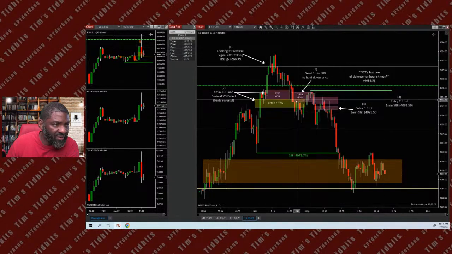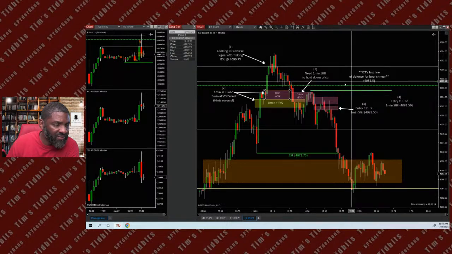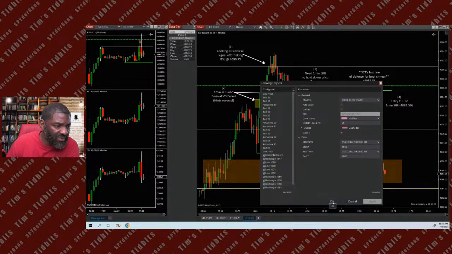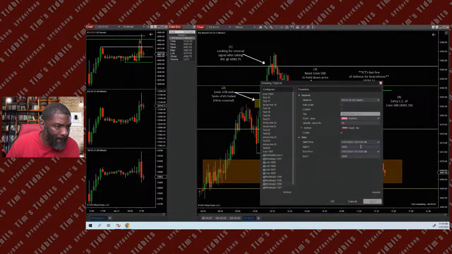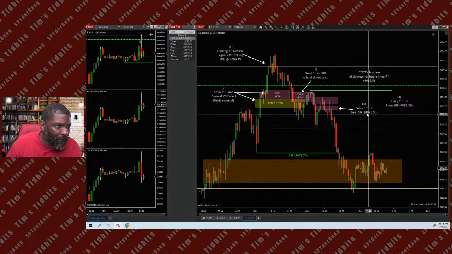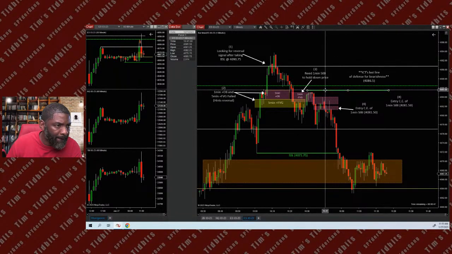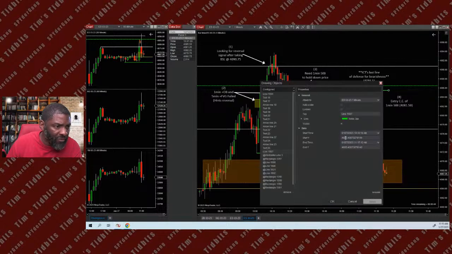That high that I keep moving around is 40.85, so that'll be 40.86.